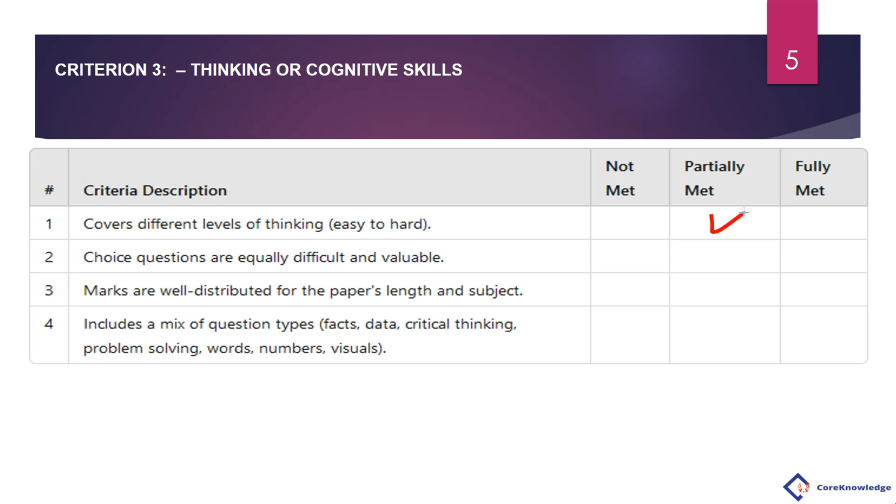On the other hand, number two, choice questions are equally difficult and valuable. I've seen very major weaknesses, especially when assessors are developing this assessment. They do not provide equal opportunity in terms of choice questions.